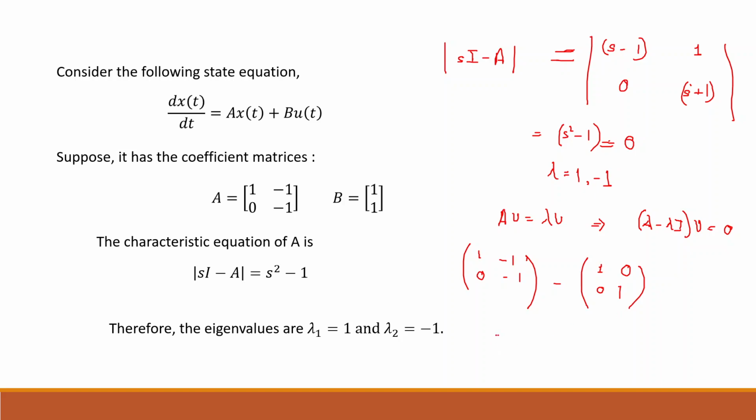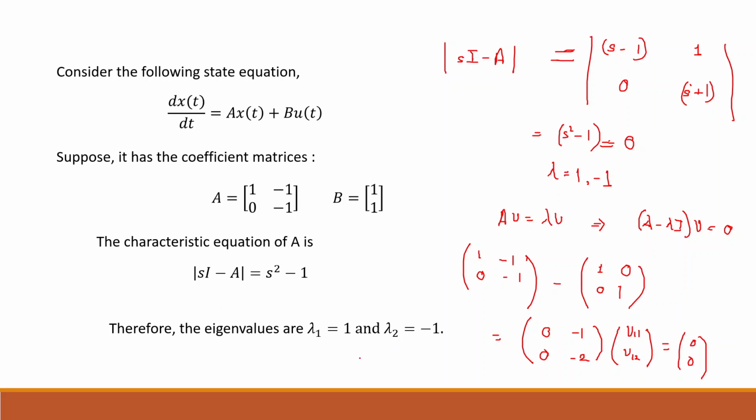This gives me [0 0; -1 -2], multiplied by [v11; v12] equals [0; 0].